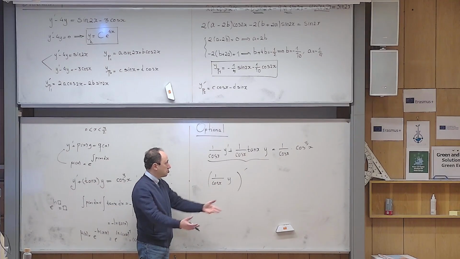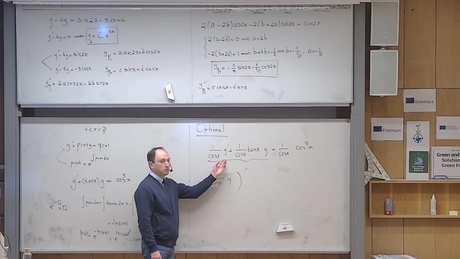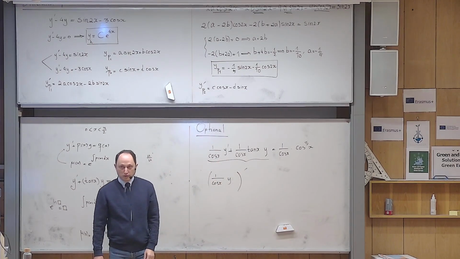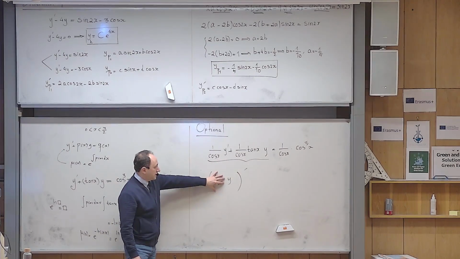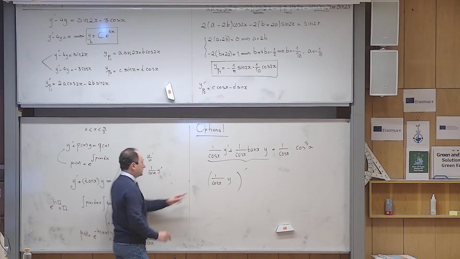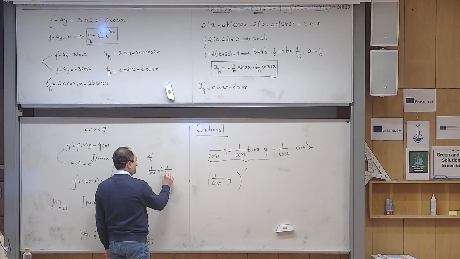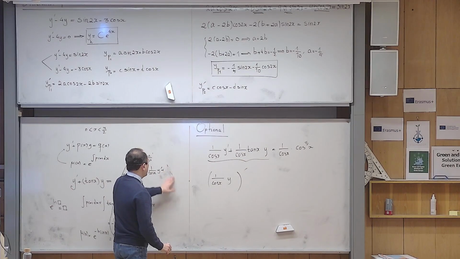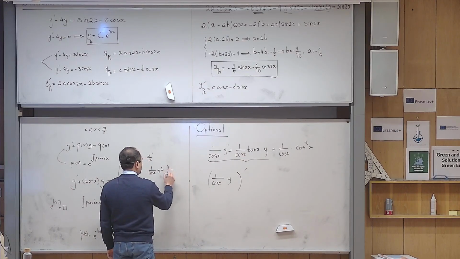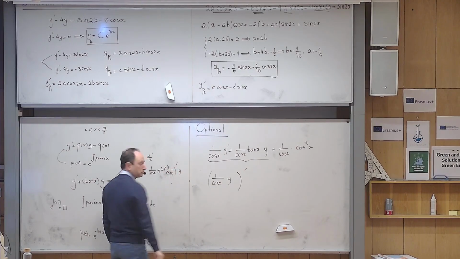Do you agree that in the Math 4 lesson, if I give you this, the derivative of that becomes this? Why is that? The first one itself multiplied by the derivative of the second one, plus the derivative of the first one multiplied by the second.